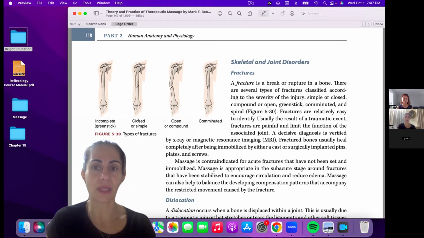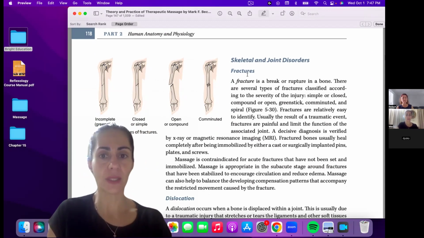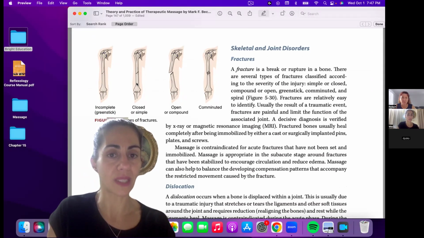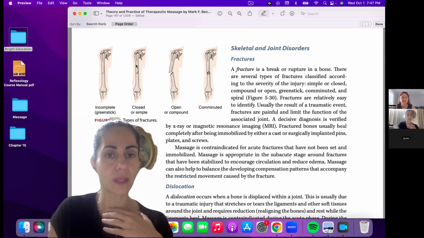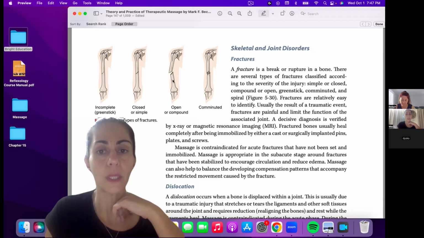Okay, pathologies of the skeletal system are super straightforward. You've got fractures, so as an injury, the bone gets a hairline fracture, or a fracture all the way through the bone, but it's stacked up correctly, still intact in shape, with the break through the whole bone.